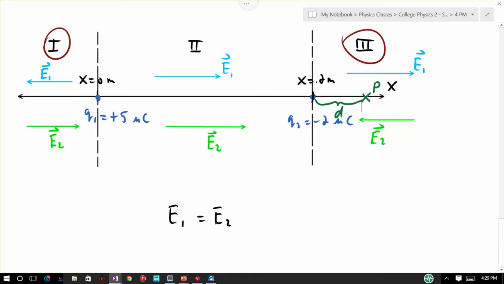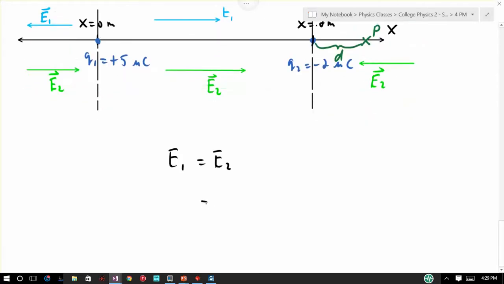So it'd be K times absolute value of Q2 divided by the distance from Q2 to whatever point we're trying to find the field at. So what would the distance be from Q2 to the point we're trying to find the field at? D, right? K absolute value of Q2 over D squared, right?